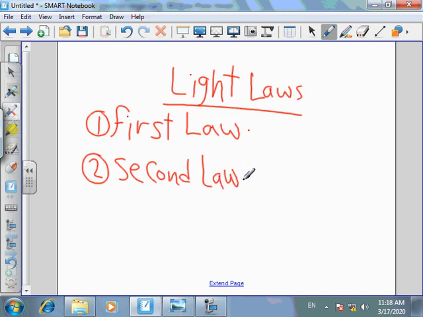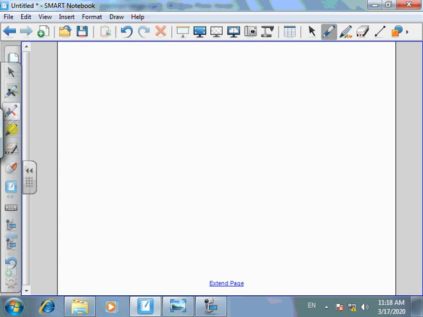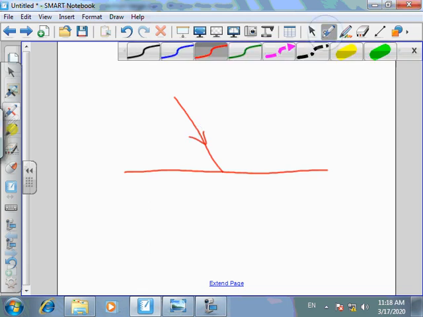Before describing the first and second law, we have to know an important thing. What is it? Look here, guys. Here is the reflecting surface, and here is the light which is going to fall on the reflecting surface. So this is the reflecting surface.